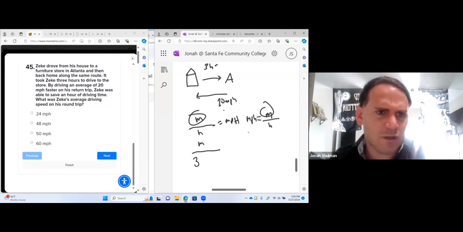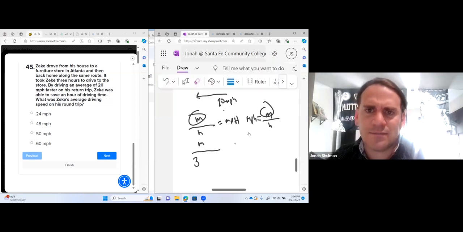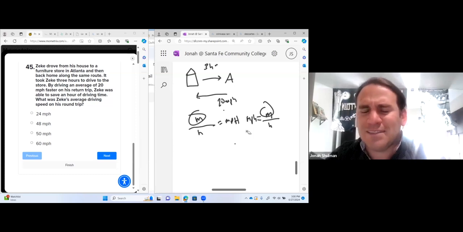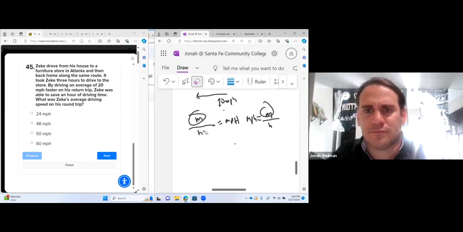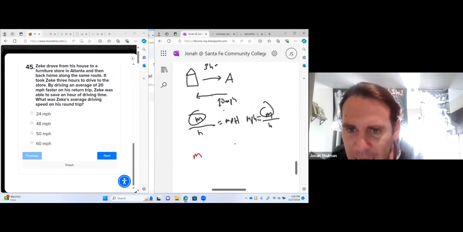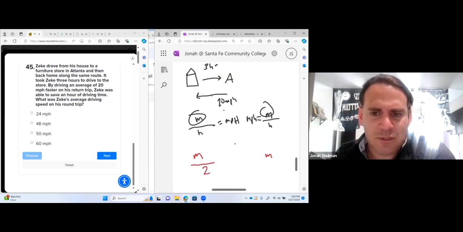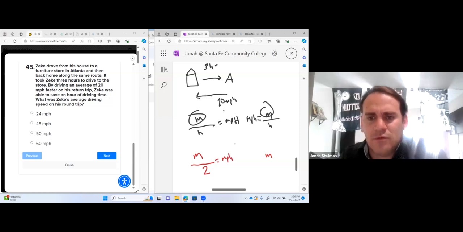So the first one, we know it's whatever this constant is. Why is that? Because the distance is the same. Our distance is the same. So the M is going to match for both. This one's going to be 3 hours to give us our MPH. So this divided by 3 gives us our MPH.